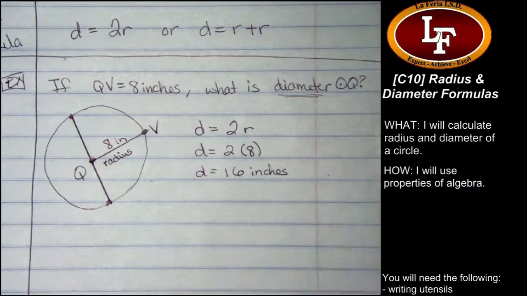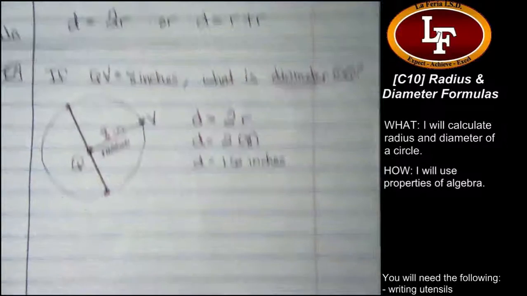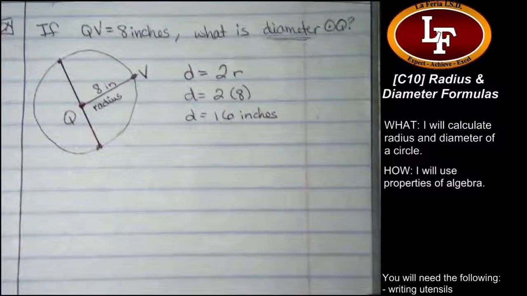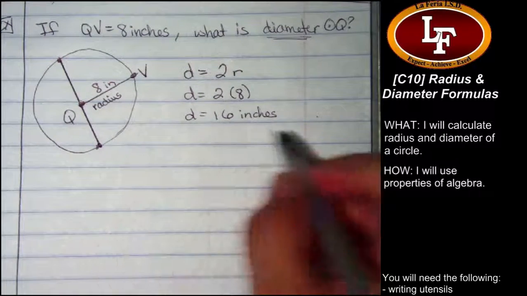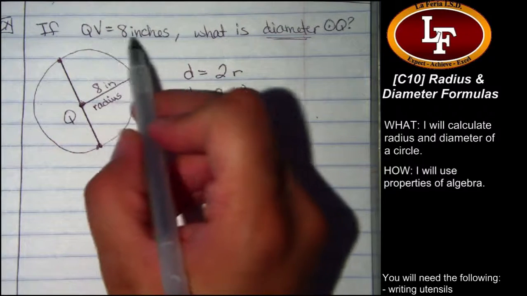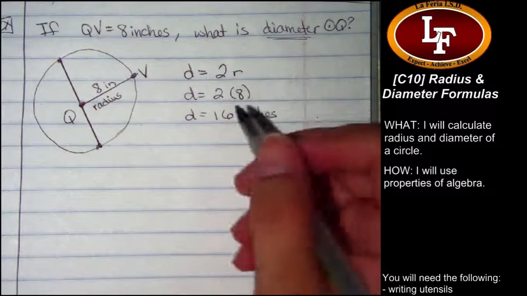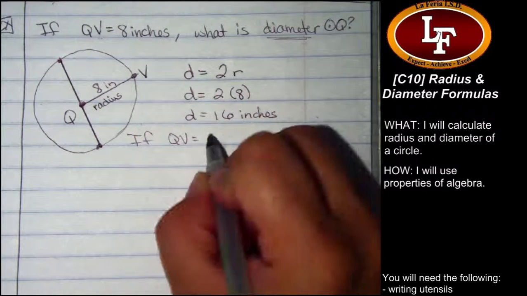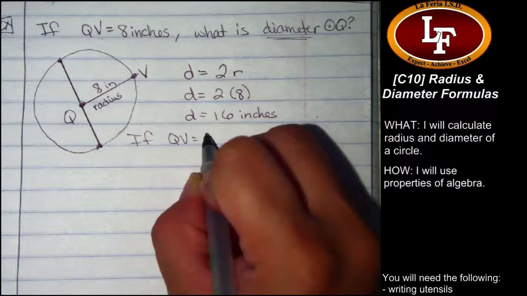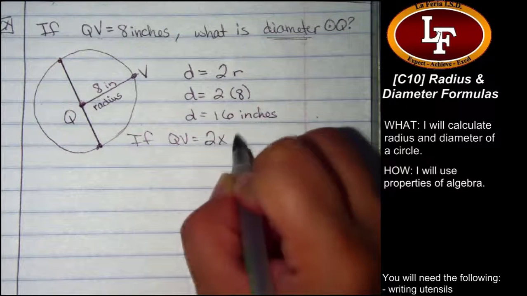That is the simplest way I could make this, but what if I were going to try to make this more complicated? No big deal. Let's ask the same question, but instead of giving it to us as a number, QV is 8 inches, let's see what happens if QV were some sort of equation, some sort of expression rather.